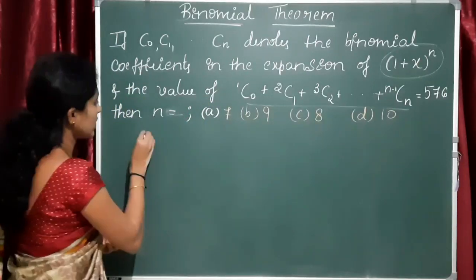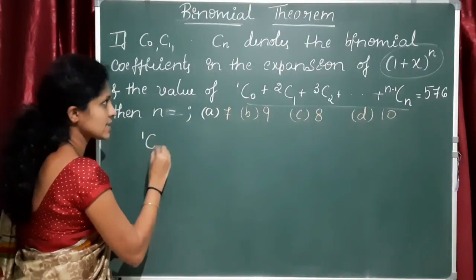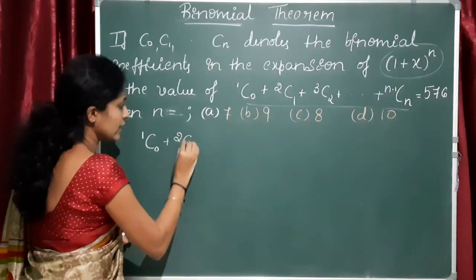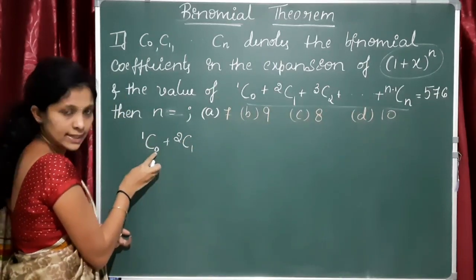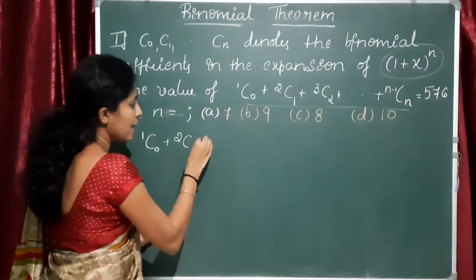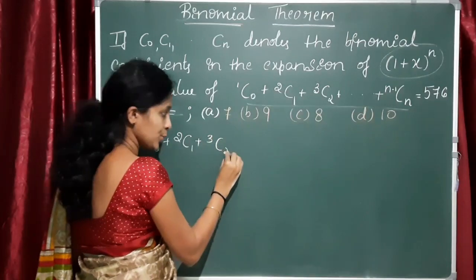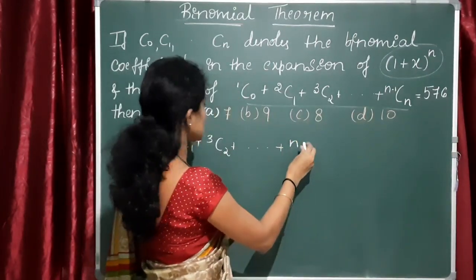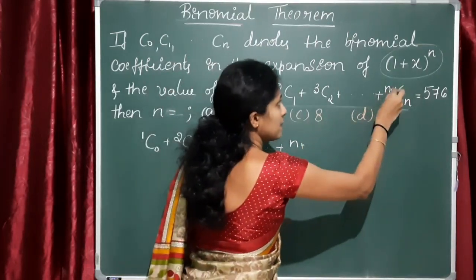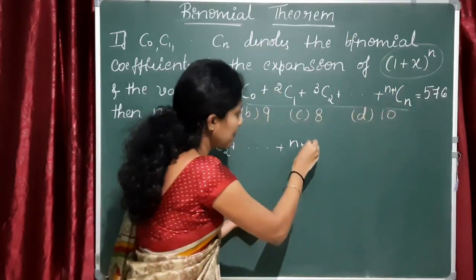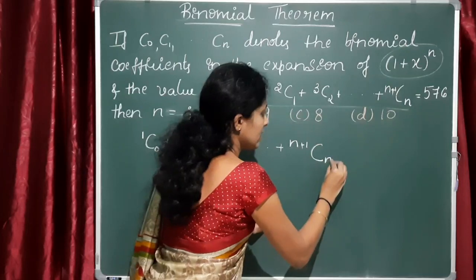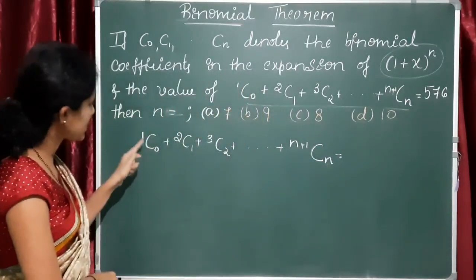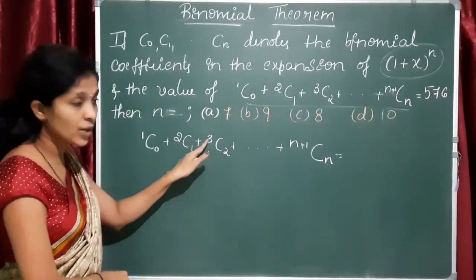See, remember this one. The result says that 1C0 plus 2C1. You have to observe, 1 here, and 2 here is 1 less than that, plus 3C2. So the last term will be, sorry, not n minus 1, this should be n plus 1, so n plus 1 Cn. Is it clear? See here 1C0, 2C1, 3C2.